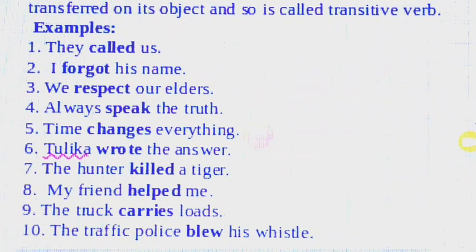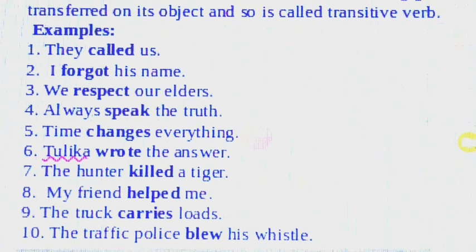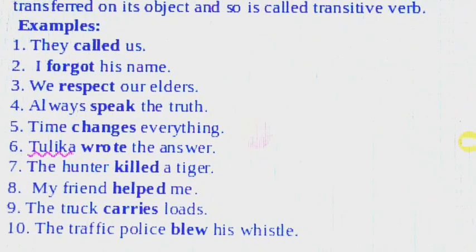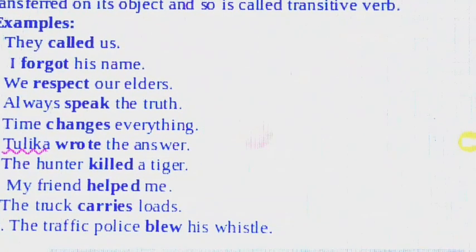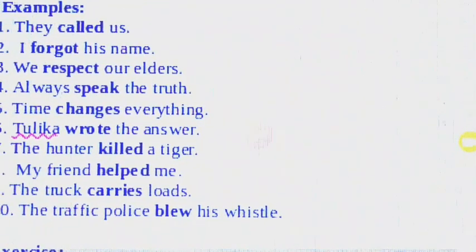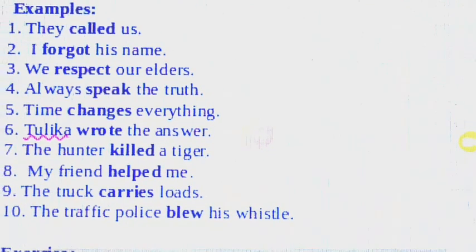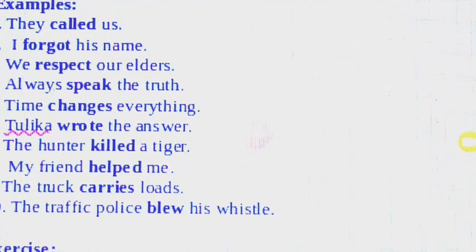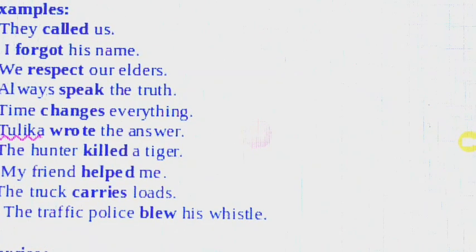We cannot just say always speak. Then again we have to ask the question, speak what or speak to whom. Then we will get the object as its answer. Here the truth, we have to add the object, the truth, in order to complete the meaning. In this case also, the meaning of the verb speak is passed over to the object.